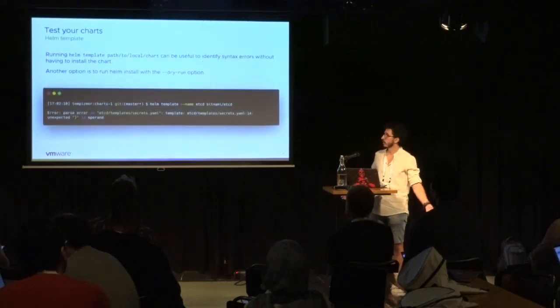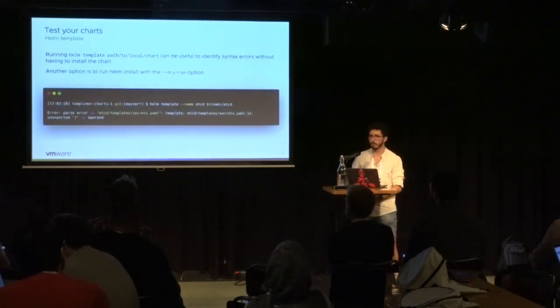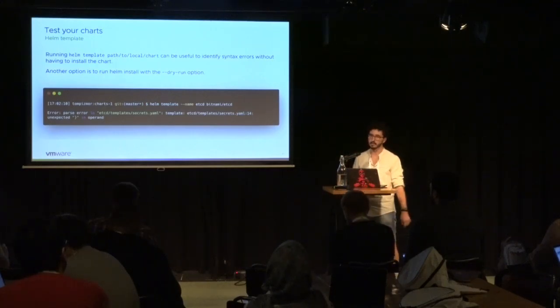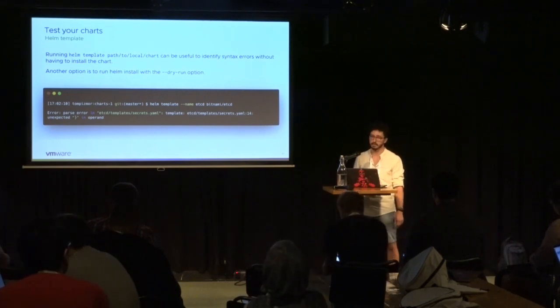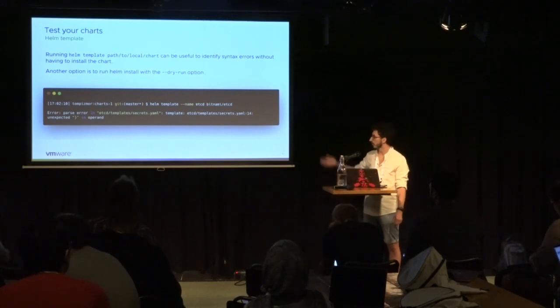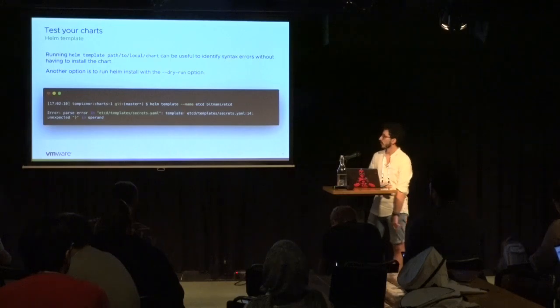The basic one is to run helm template while you are developing a Helm chart, or whenever you make a change. It's really fast to run helm template and detect syntax issues in your YAML files. So if you forgot to close a curly brace or something like that, you will get an early error.